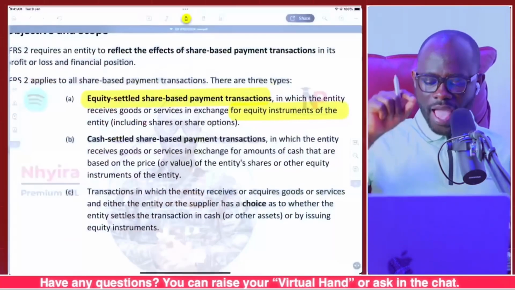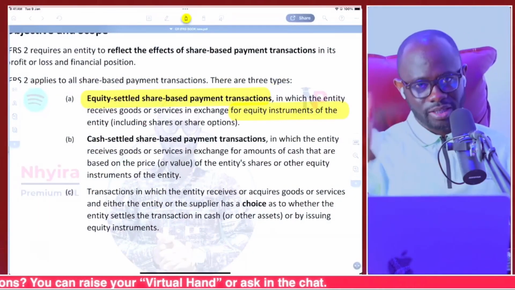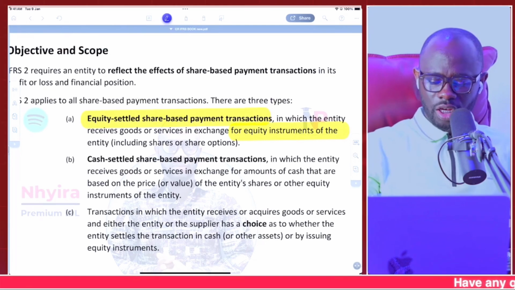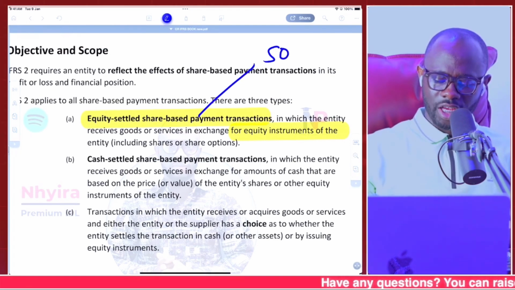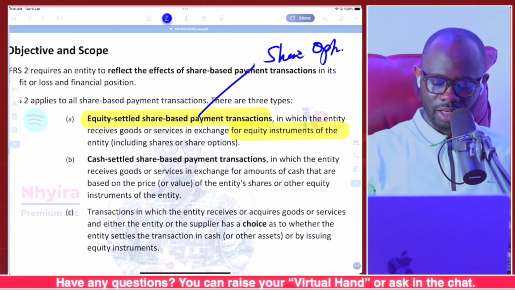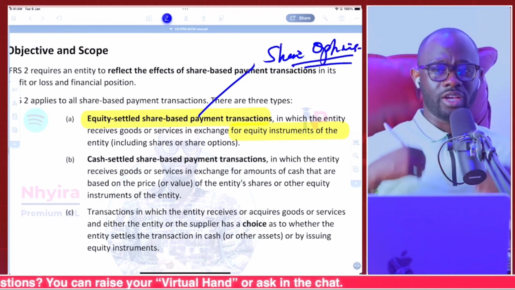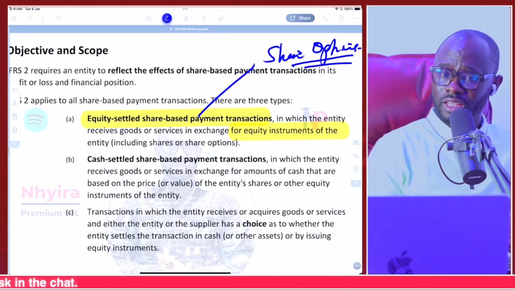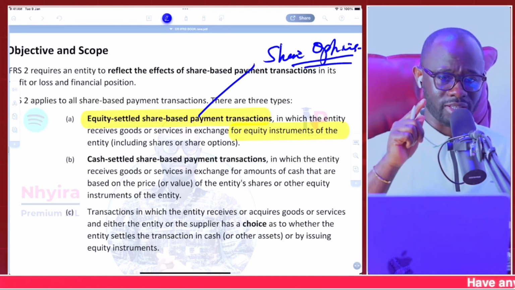That is called equity settled share-based payment. For employees, that usually will be referred to as share options. And we'll come back to that in a moment. So instead of giving you the money, we'll give you equity shares in our company.